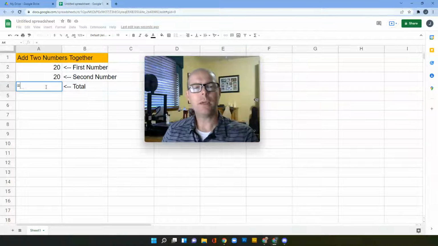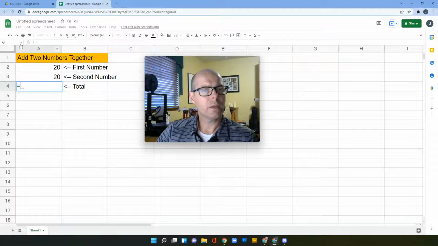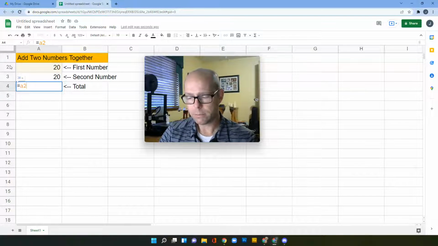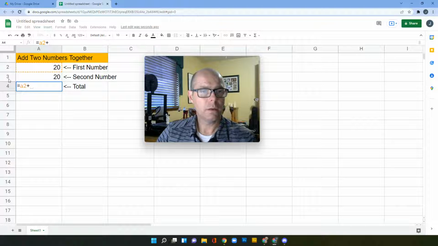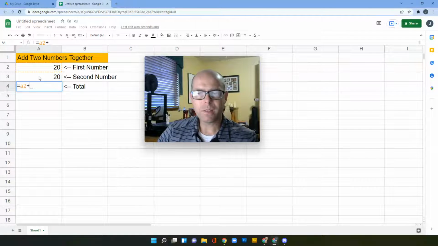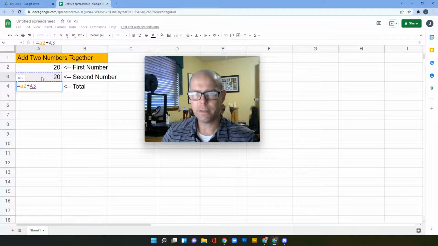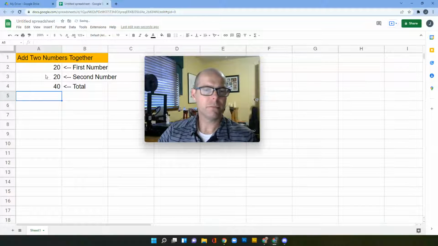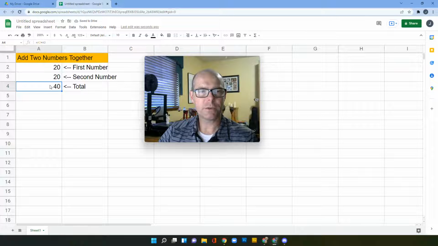So equals A2 plus A3. Now, one thing I'll tell you is that you don't have to type the numbers necessarily. You can also click to select that cell. So I've got A2 plus A3. I hit enter, and my answer is 40, and it plugs in right there. Here's my formula that I used.